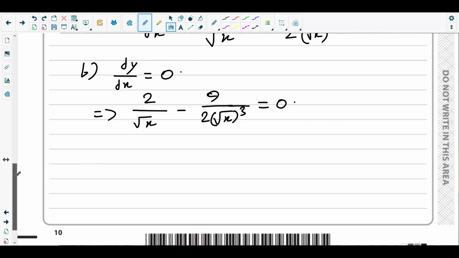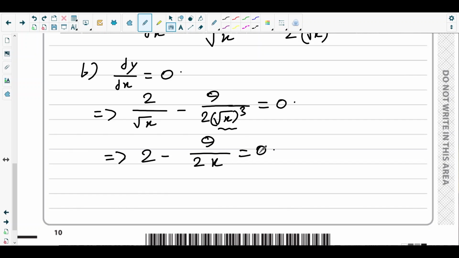We can multiply both sides by square root of x. You will get 2 minus 9 over 2, and in the denominator the square root of x cancels with one of the square roots of x from the cube, leaving square root of x whole squared, which is just x.